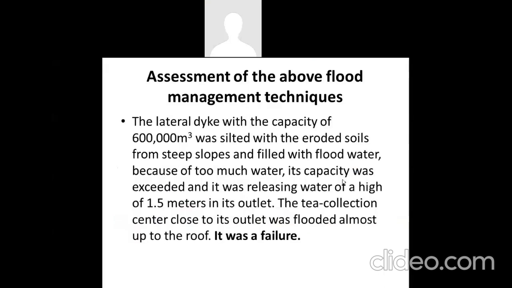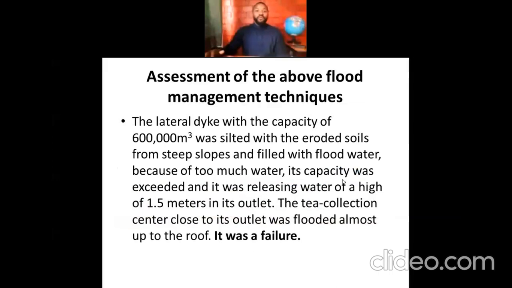Lateral dike with the capacity of 600,000 cubic meters was silted with eroded soil from the steep slopes, and it was filled with floodwater. Its capacity was exceeded and was releasing too much water.